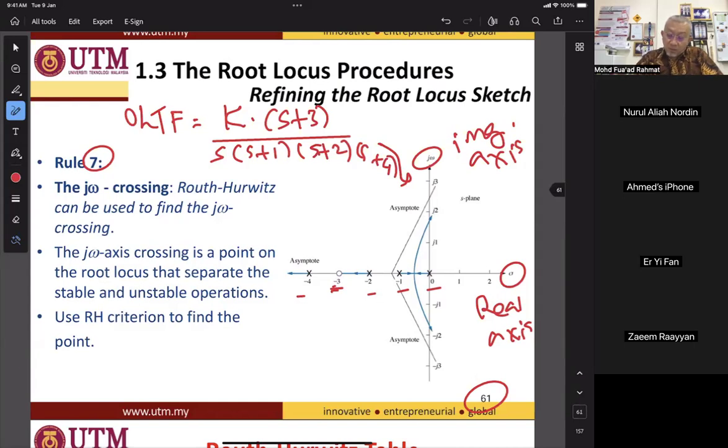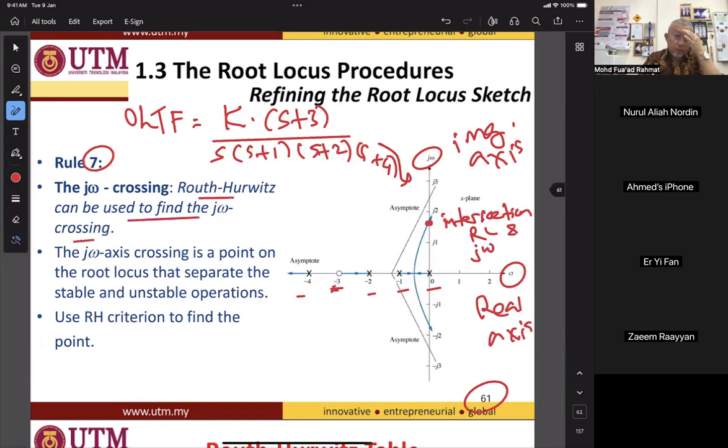So our concern is the intersections between the root locus and the j omega imaginary axis. That is our concern for rule number 7.